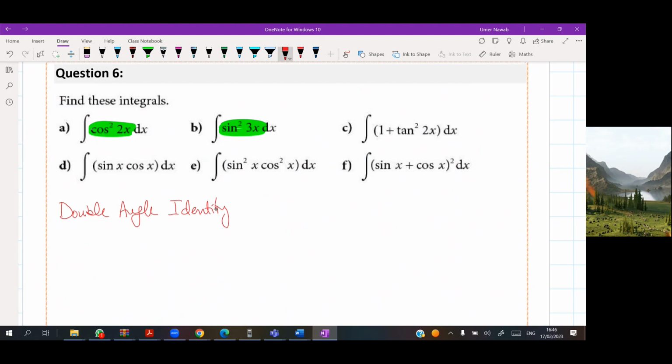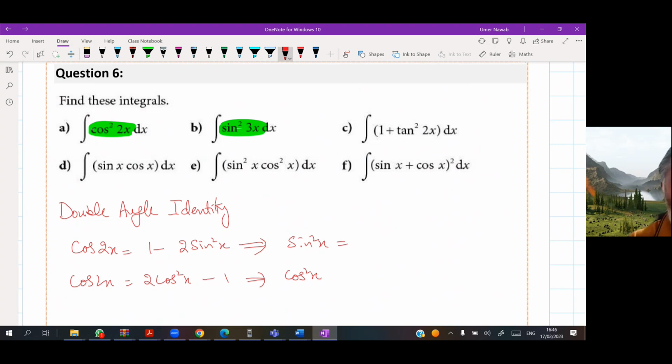that was cosine of 2x equals 1 minus 2 sine squared of x, and cosine of 2x is also equal to 2 cosine squared of x minus 1. From here, I can make sine squared of x the subject, and from here I can make cosine squared of x the subject.